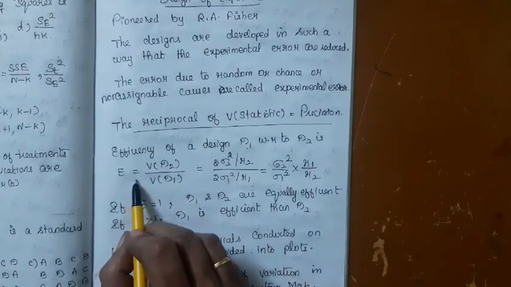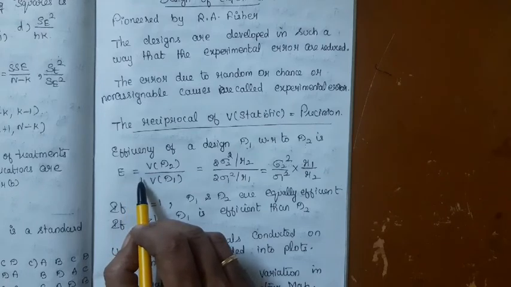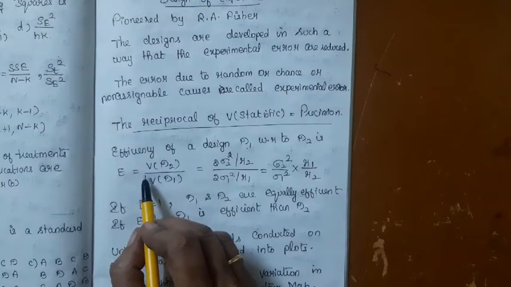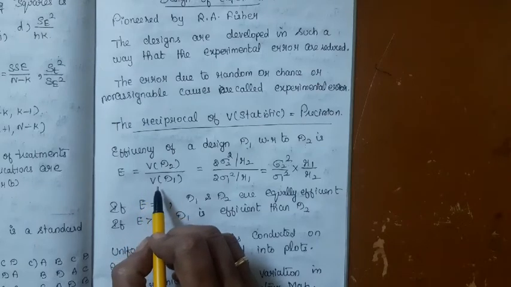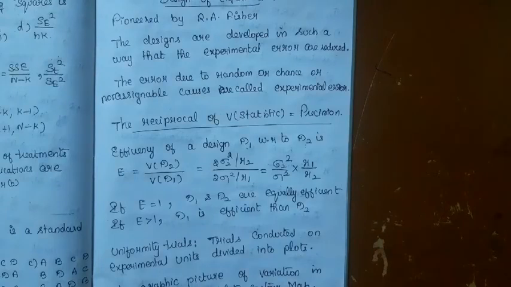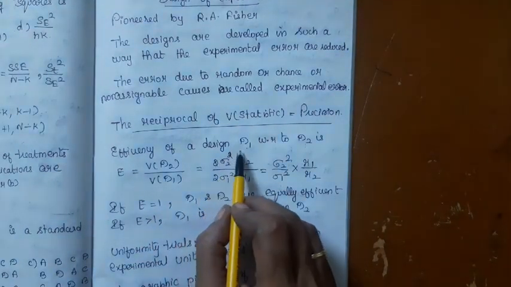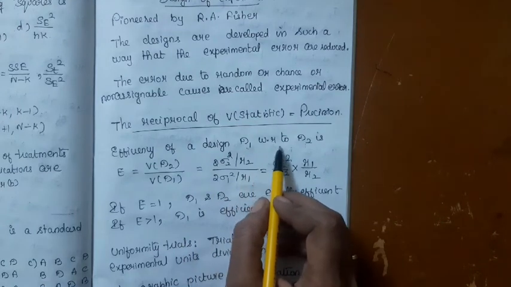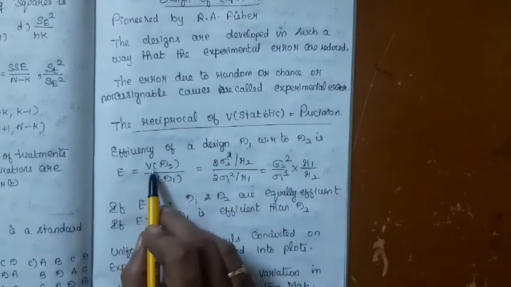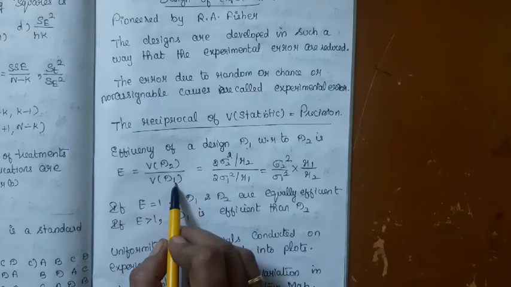There we find the efficiency of an estimator with respect to the minimum variance unbiased estimator as the variance of the minimum variance unbiased estimator divided by the variance of the estimator for which the efficiency is computed. Similarly, the efficiency of a design D1 with respect to D2 is the variance of D2 divided by the variance of D1.